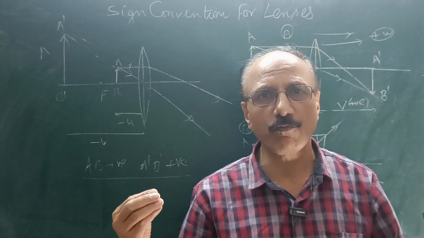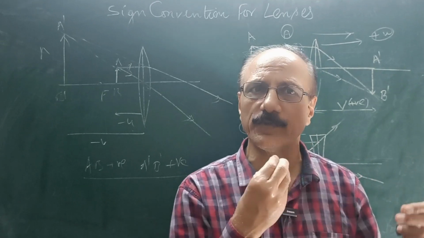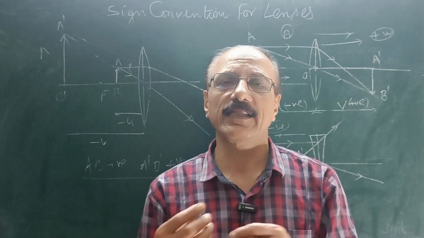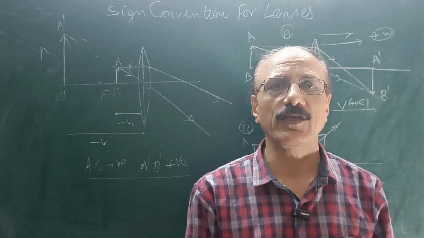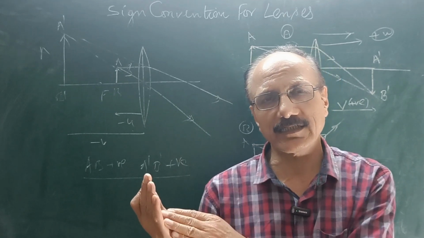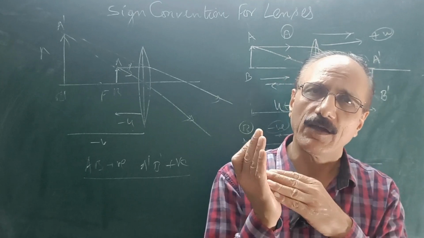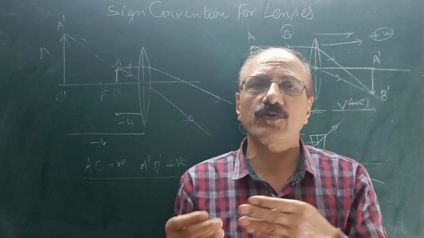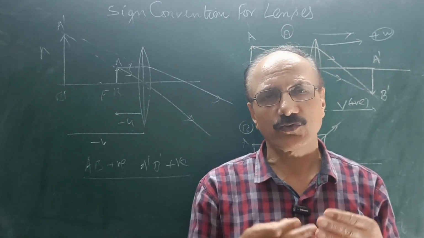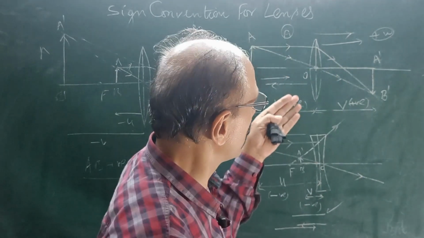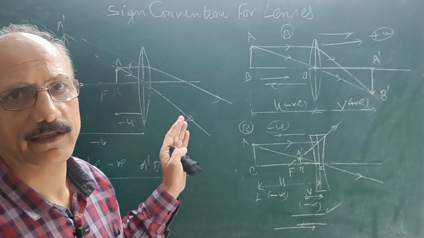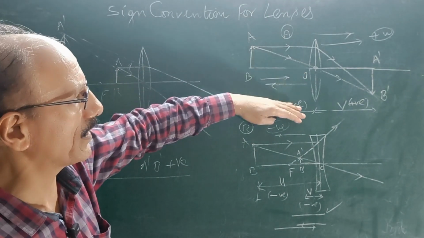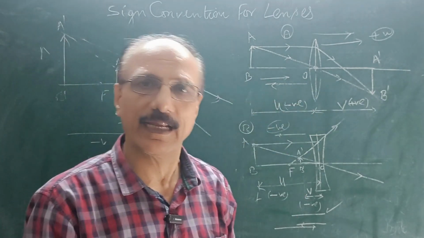If you are moving along the direction of the incident light, then it is to be considered positive, and if you are moving opposite to the incident light, then it is to be taken as negative. That is why U is always negative, because incident light is coming from object to lens, and you are moving from lens to object, so this will always be in the opposite direction. Other image distances will be accordingly. You have to follow this rule. Heights above the principal axis are taken positive, heights below the principal axis are taken to be negative. Thank you.